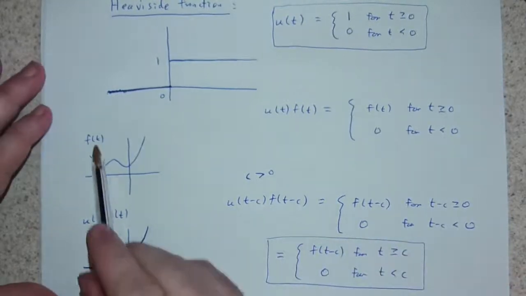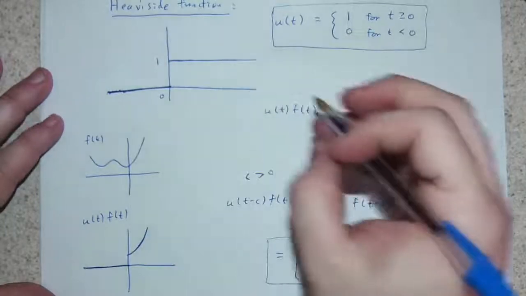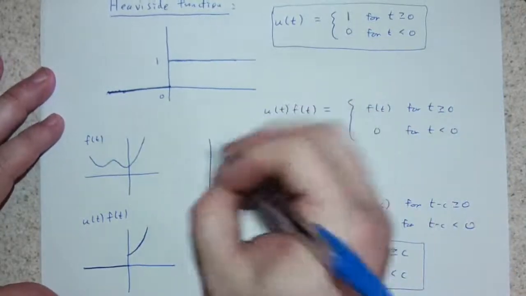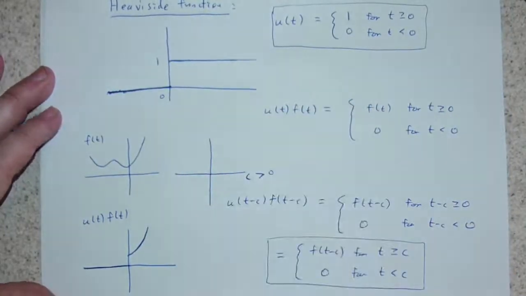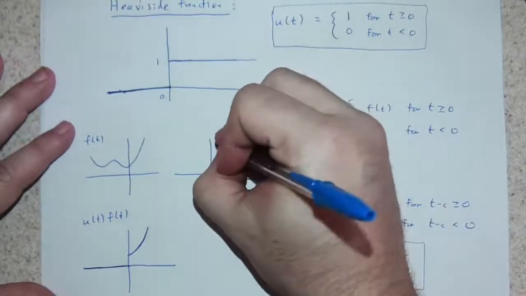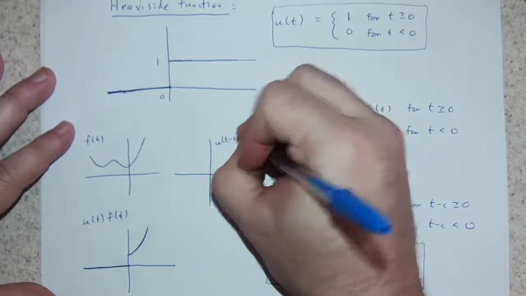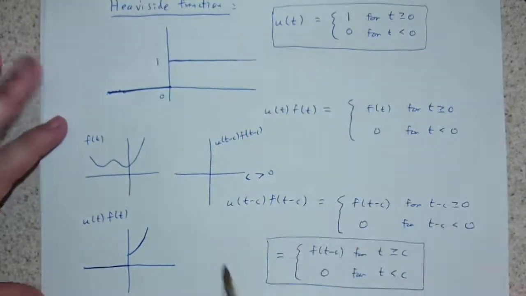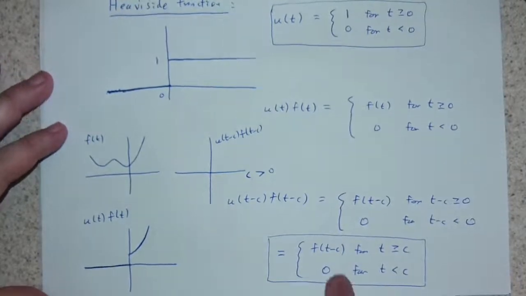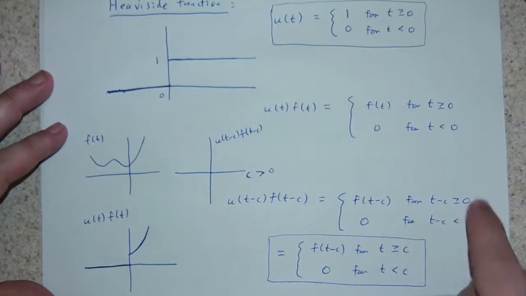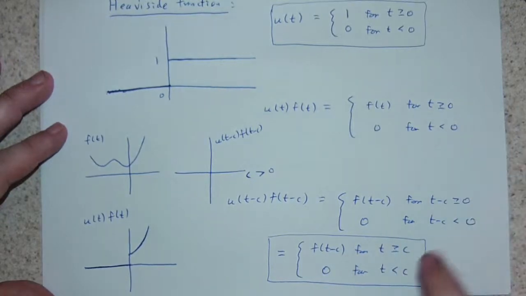What did I do here? What's the difference between this and u of t minus c, f of t minus c? What has happened here? Well, now, instead of turning this picture on at 0, I'm turning it on at c.